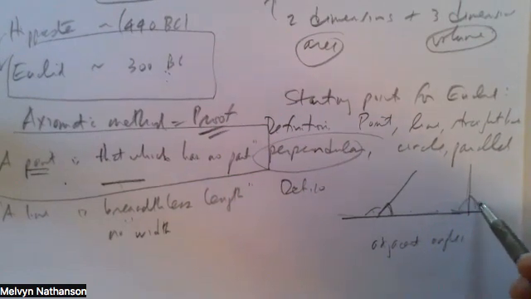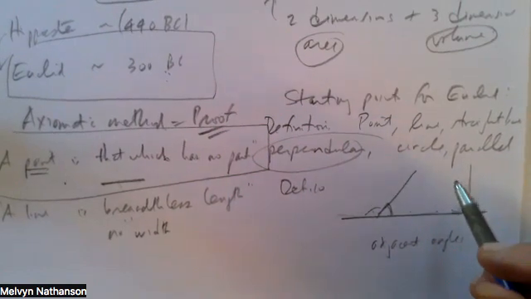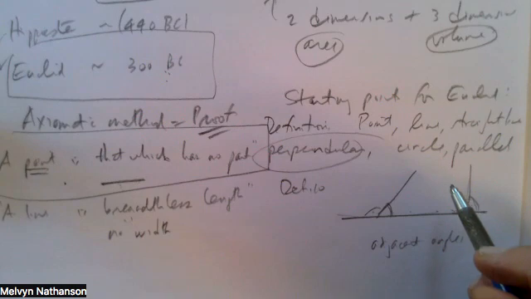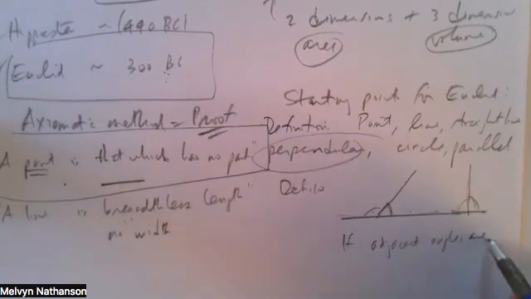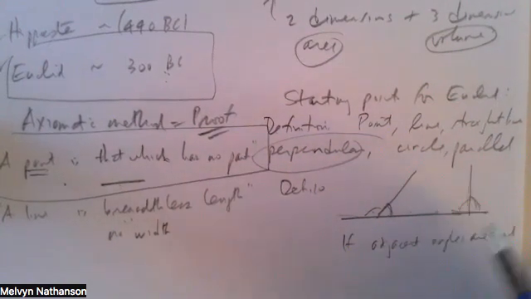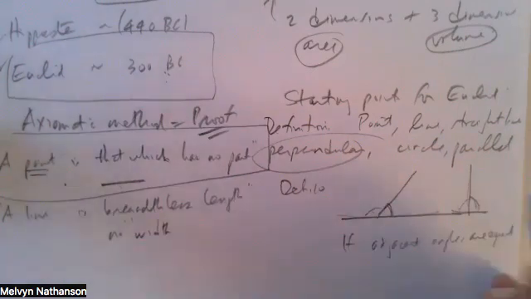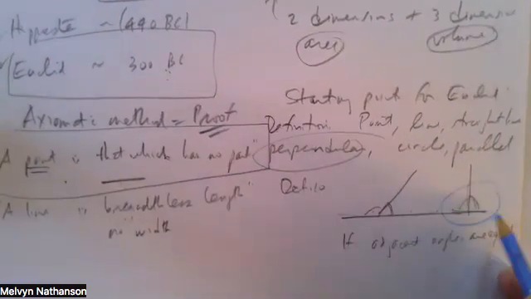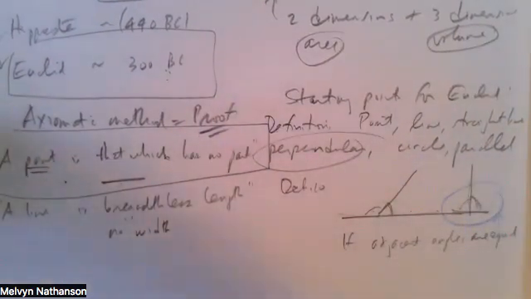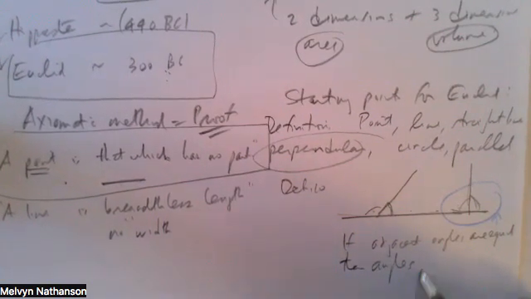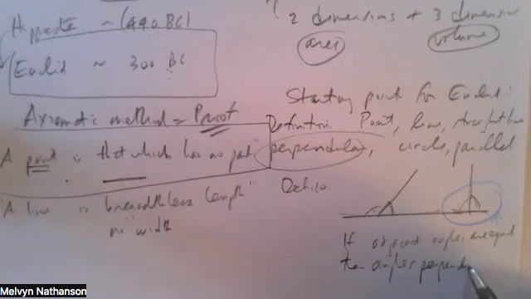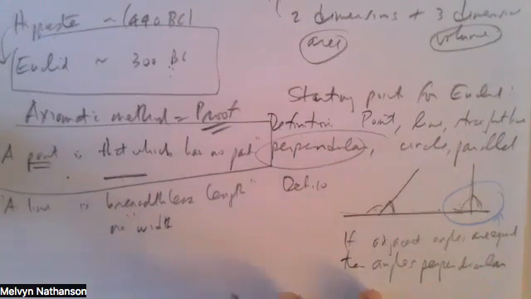Here, the two adjacent angles are equal. So, if the adjacent angles are equal, which occurs in this case, then we call the angles perpendicular.